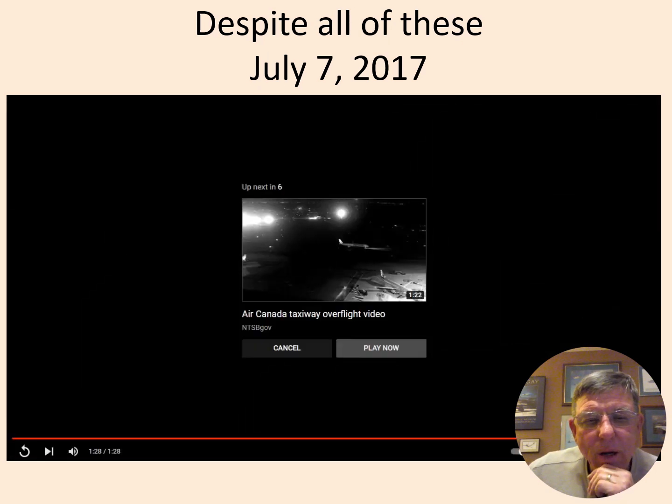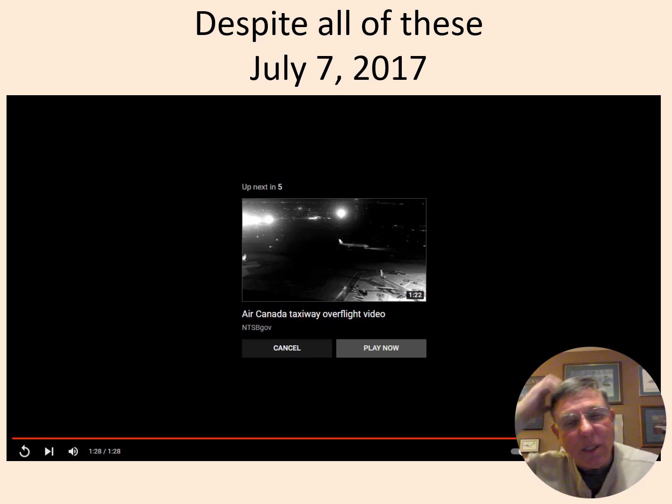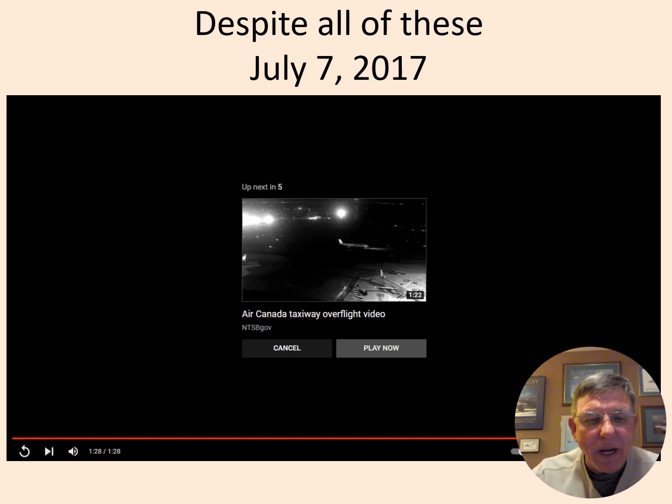I have no idea what that Air Canada crew was looking at and how they could possibly not see all those airplanes that were lined up on the taxiway, particularly when they're getting ready to flare. They're almost in the flare position, and they initiate a go-around.